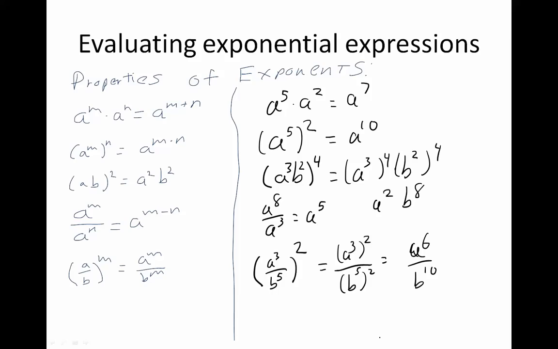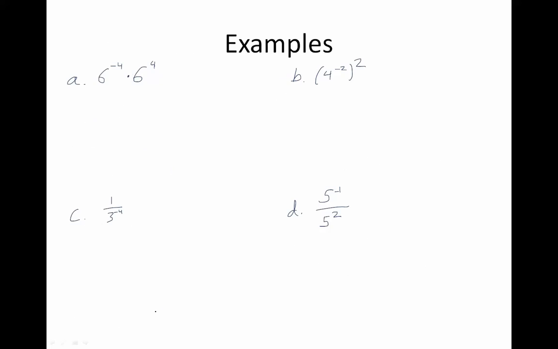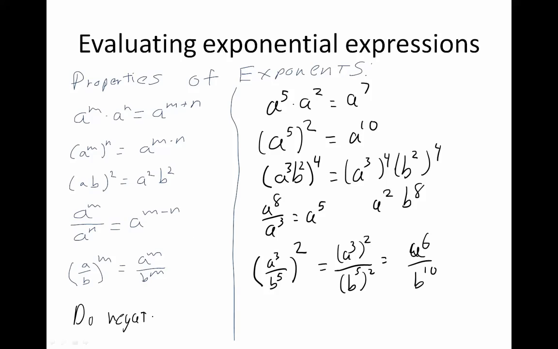Now what we're going to do in the next examples is we're going to use all of these properties, combinations of them, and decide what do we do with the negative and 0 exponents that show up. The key thing here is do negatives and zeros at the end.